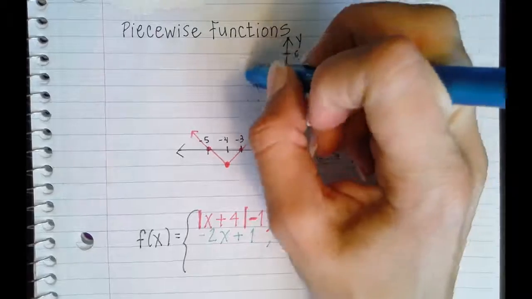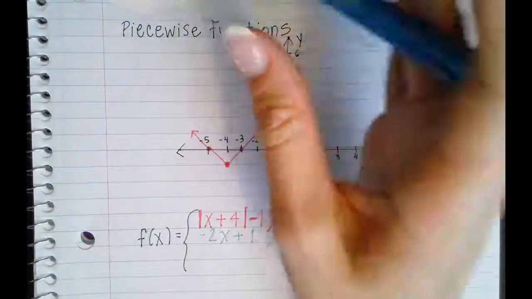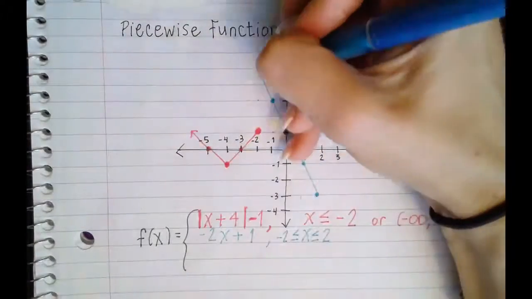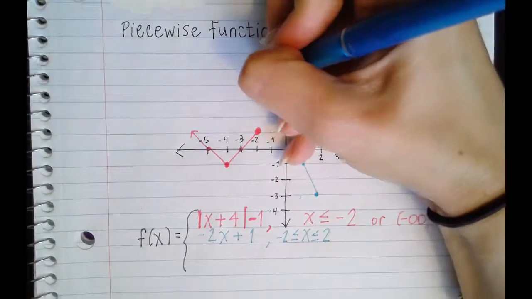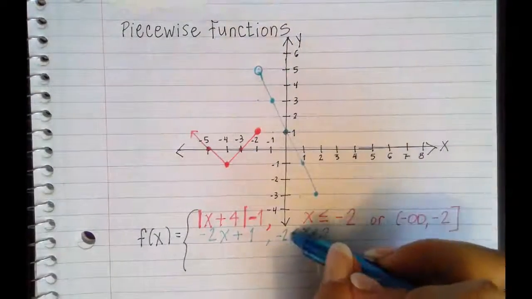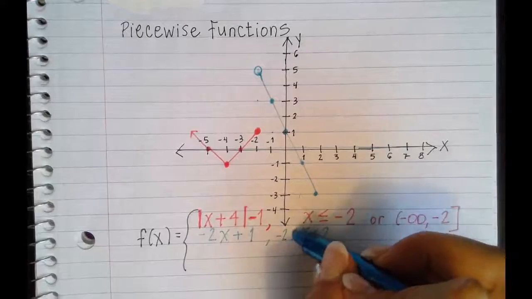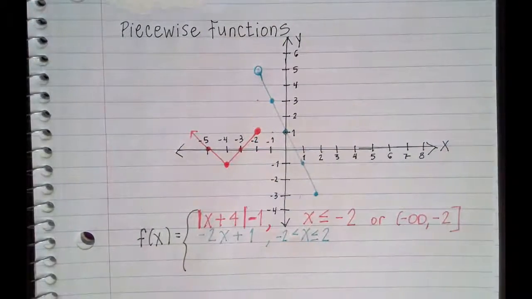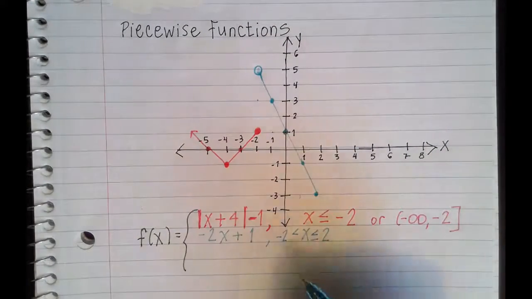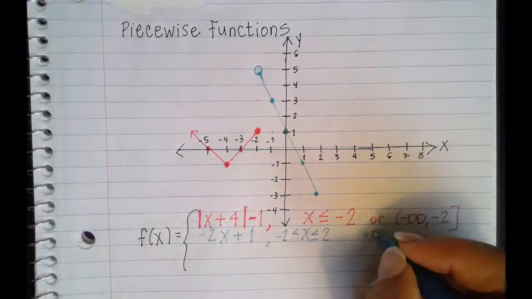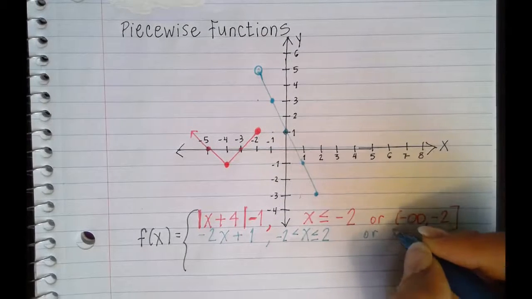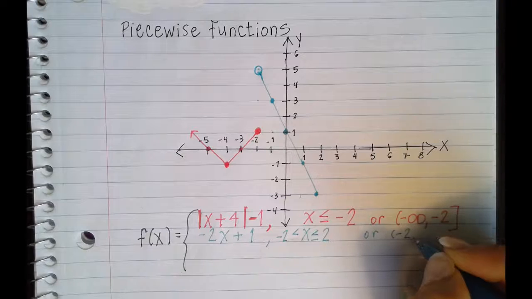Otherwise, it won't be a function. I can't call it f of x. It'll fail the vertical line test. So I'm going to leave that one open. That means I'm going to go over here and erase that little equal sign right there. All right? So I can write it like that. Or, again, with interval notation, I can write parentheses -2 to bracket.